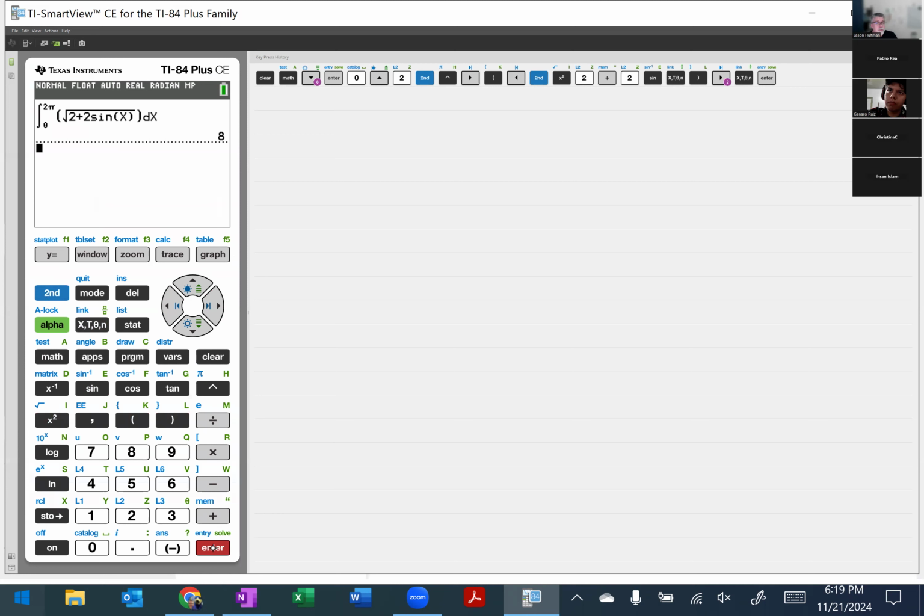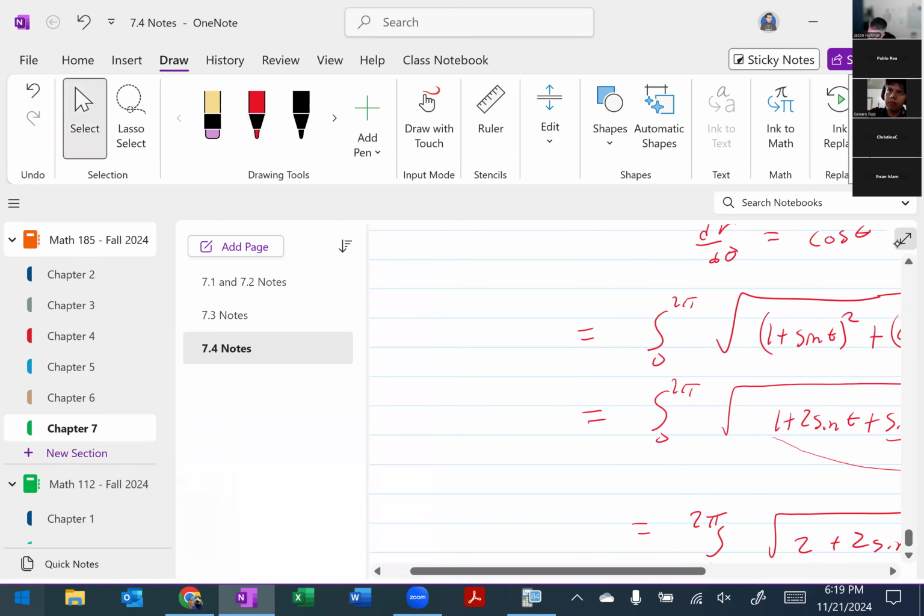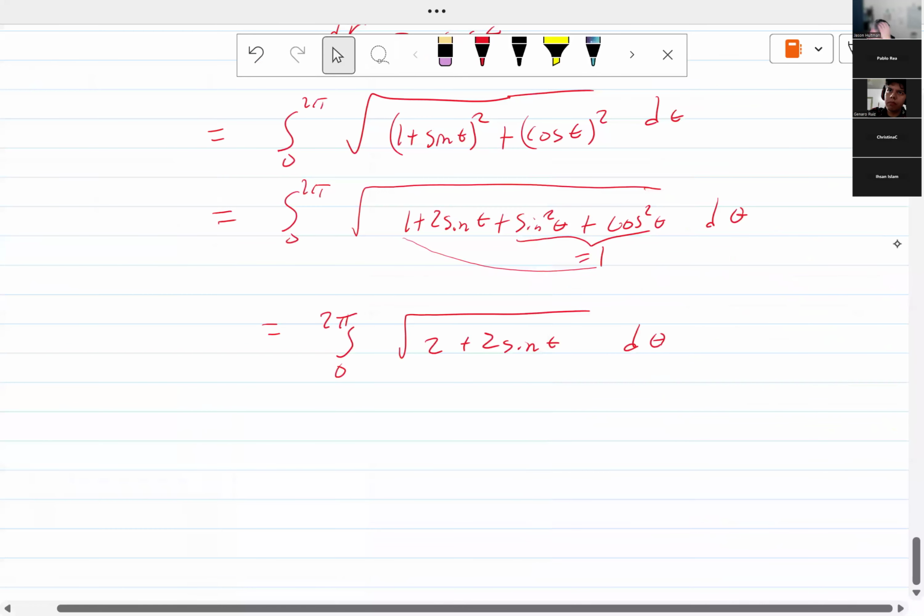Now, if you want to know how you would do this by hand, you can do it by hand. I wouldn't necessarily expect you to know how to do this off the top of your head. What you need to do is multiply by the conjugate.